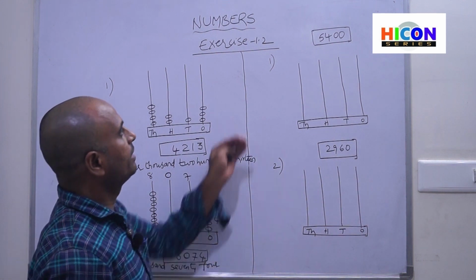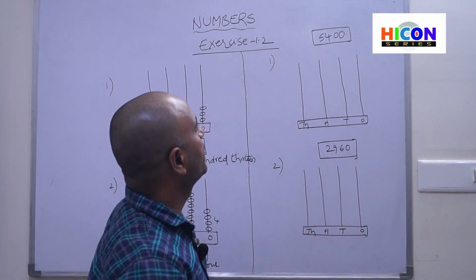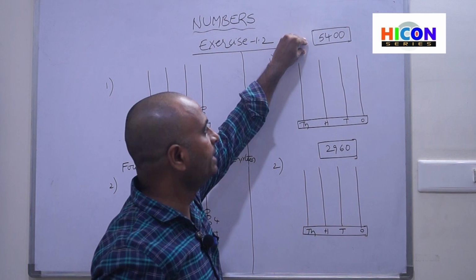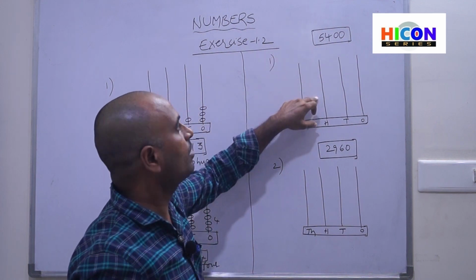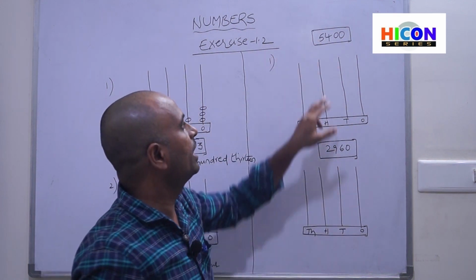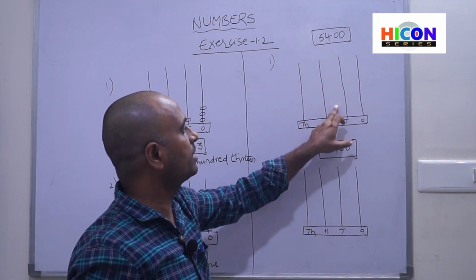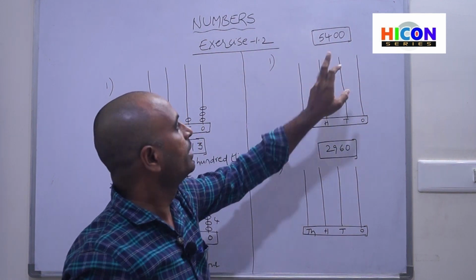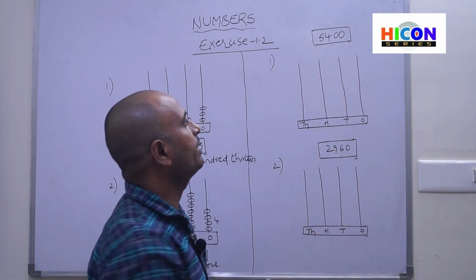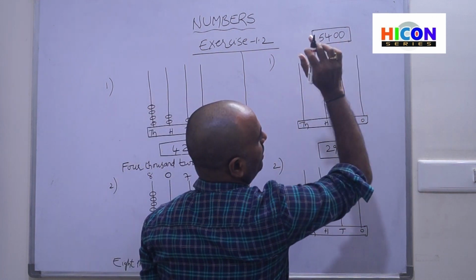Now look at another model problem. Here we have to draw the beads on the sticks according to the given number. The given number is 5400.